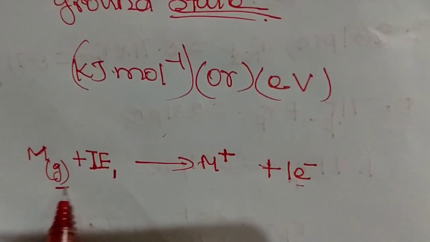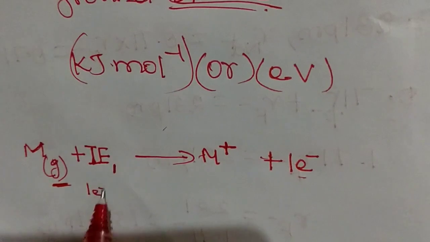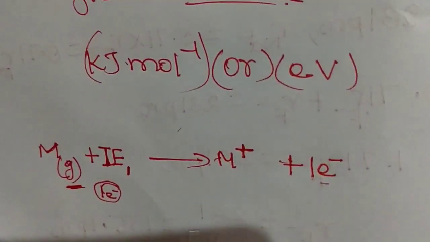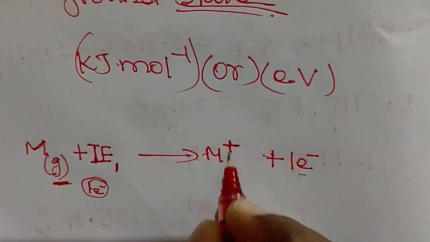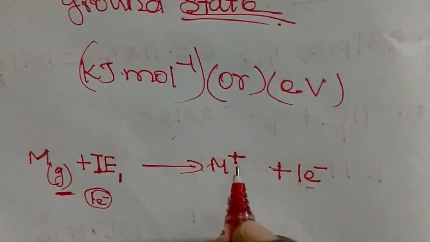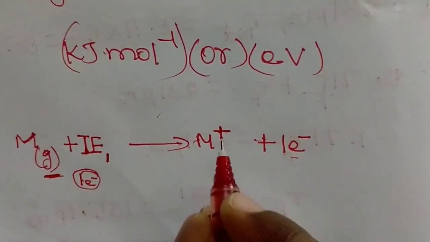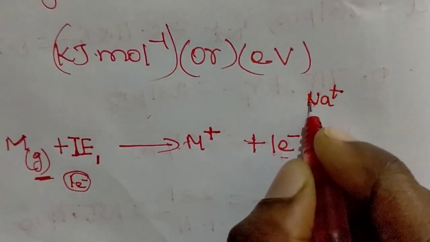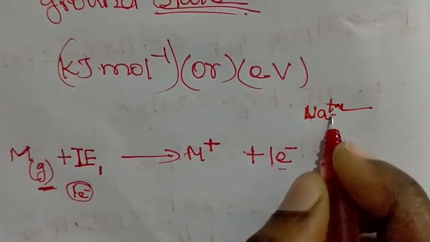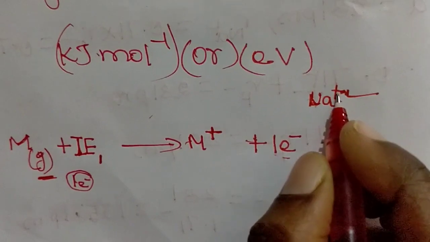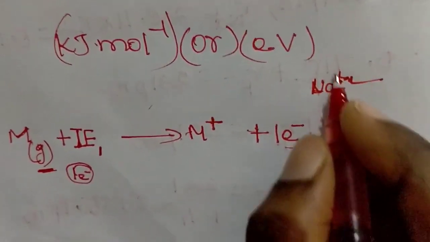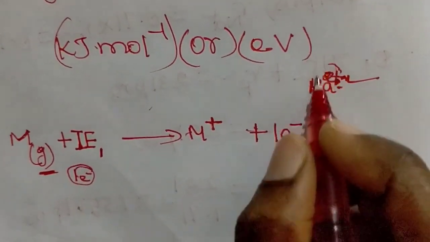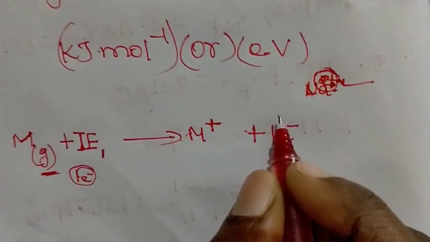Because it lost one electron from that gaseous atom. Because of the loss of an electron, we have to mention the positive charge, or cation. If a species is denoted like this, M plus, it means one electron is lost. If it is denoted like Na2 plus, then 2 electrons are lost.